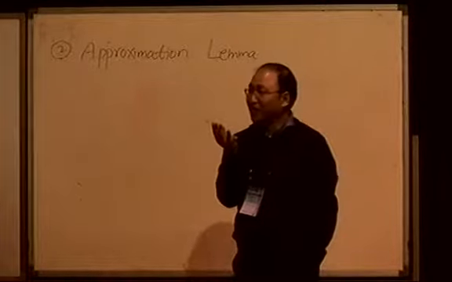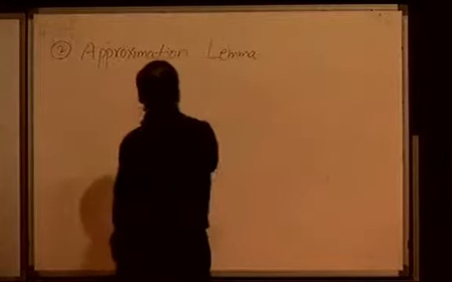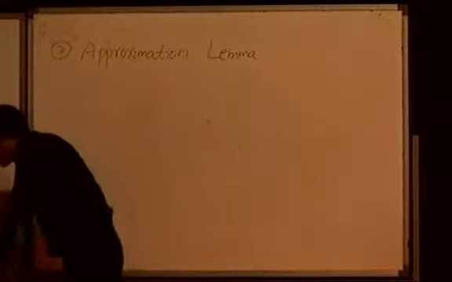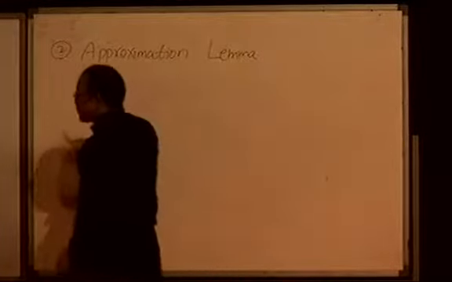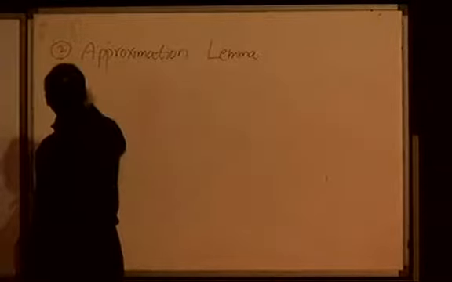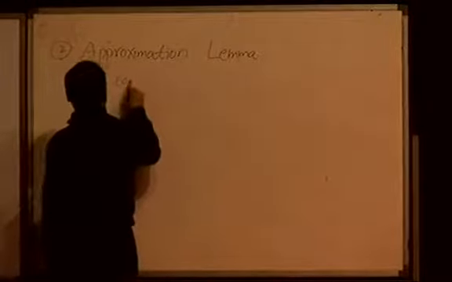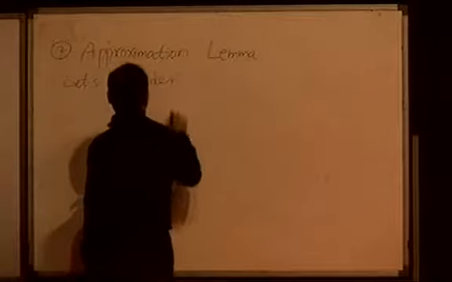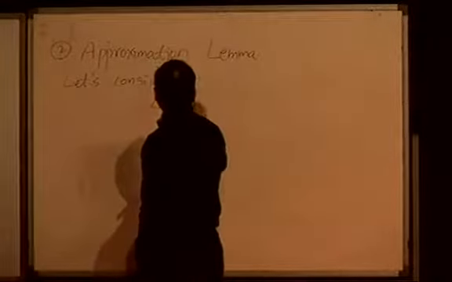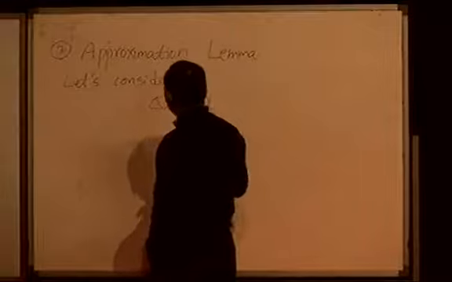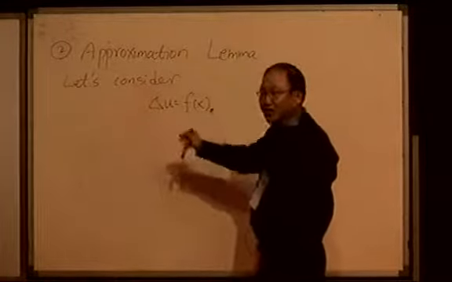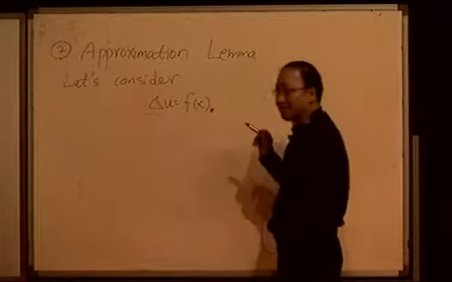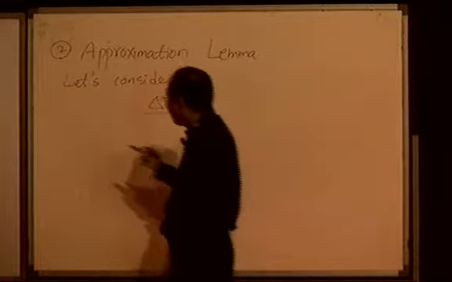So that is the approximation lemma, and it says the following. We will consider the simple case. So let's consider the Laplacian of u equals f of x first. Then I will add a_ij later on, but this one is the more basic. Okay, so the lemma is the following.